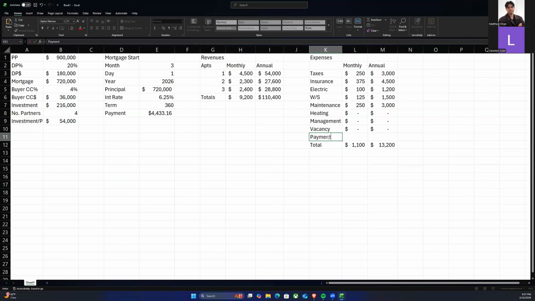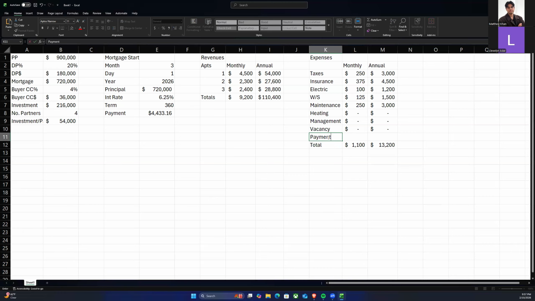It's paid by the tenant. No, because in fact, all debt services like this are not an expense. That's a debt service, and it's not an expense. Why do you think it's not an expense? Not sure.